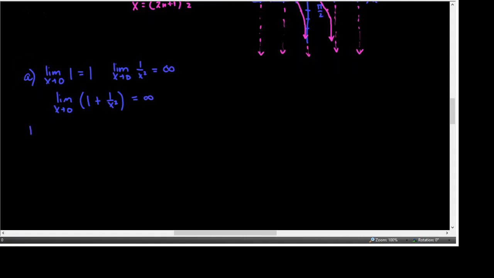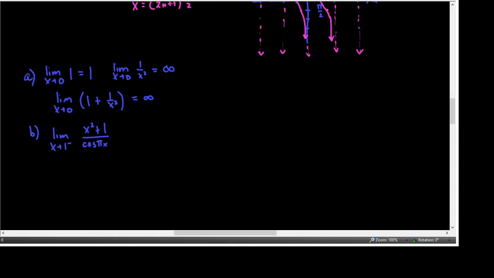Okay. B. In this one we're asked to find the limit as x approaches 1 from the left of x squared plus 1 over cosine of pi x.